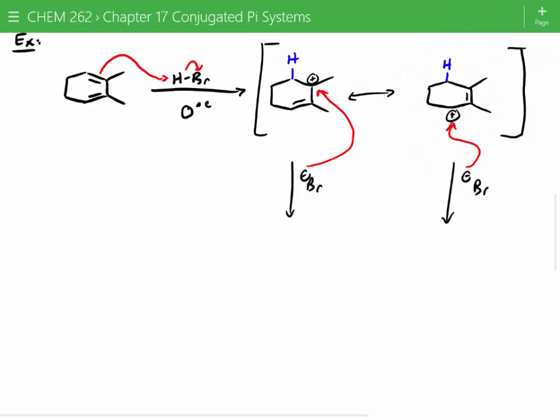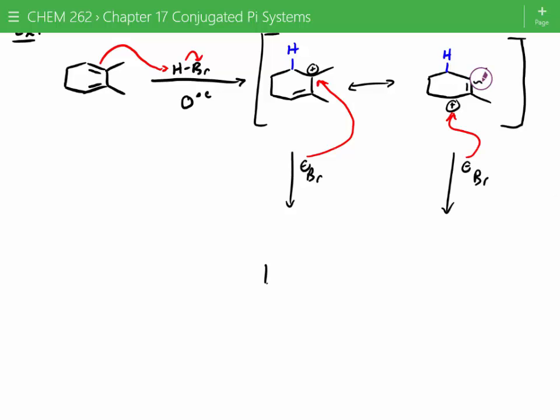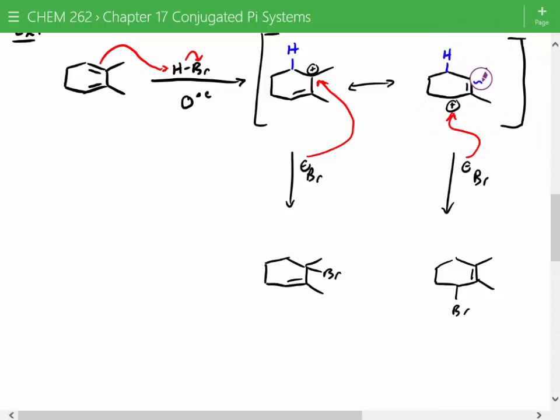So let's draw both products out. And let me finish by drawing where our original proton was added in. So which product will be favored, the one on the left or the one on the right?